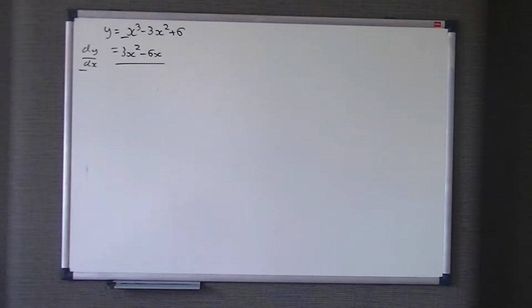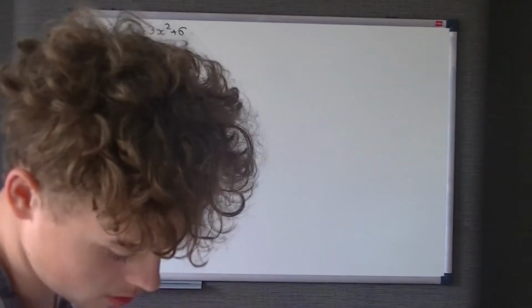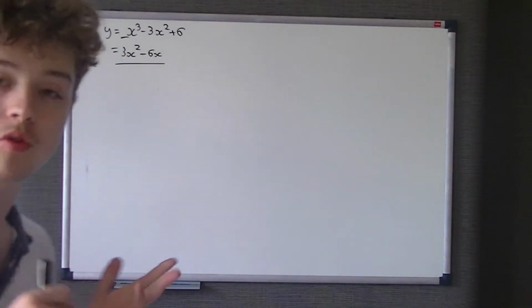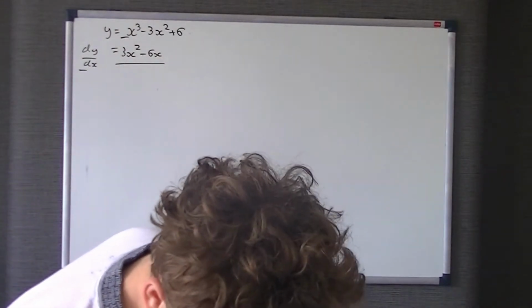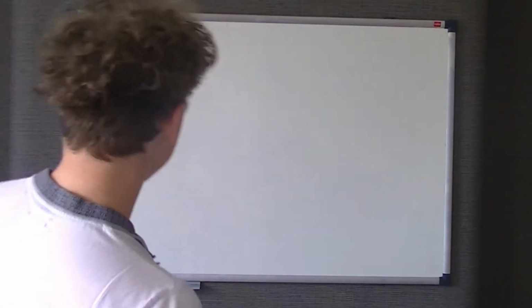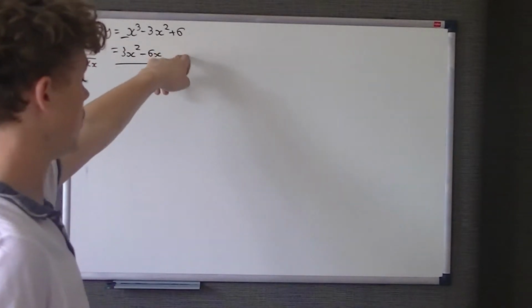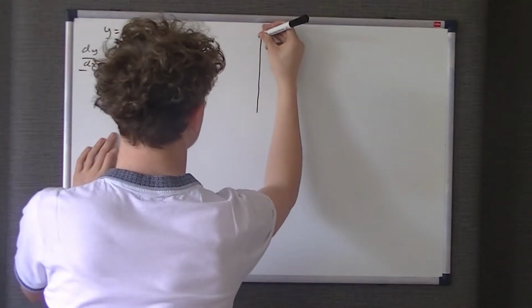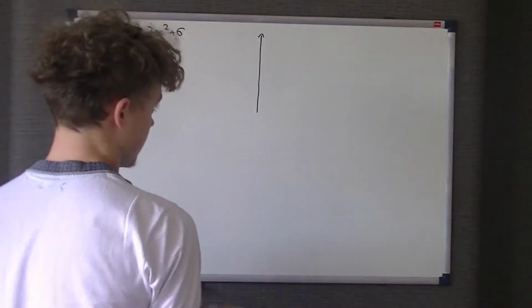Well, I think we'll do the graph first before we get into any real questions. So obviously we know the y-intercept is going to be 6, and it's a positive x cubed, so it is going to go something like that, but it's going to have 3 intercepts.